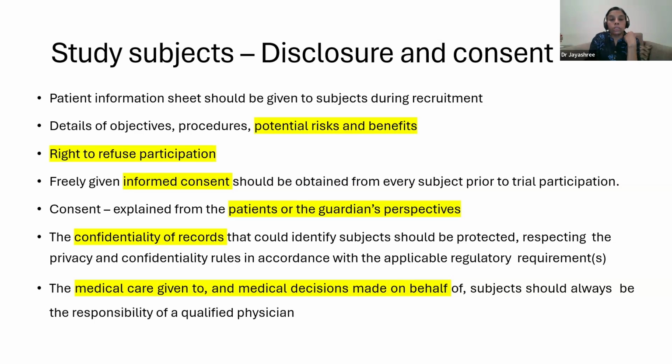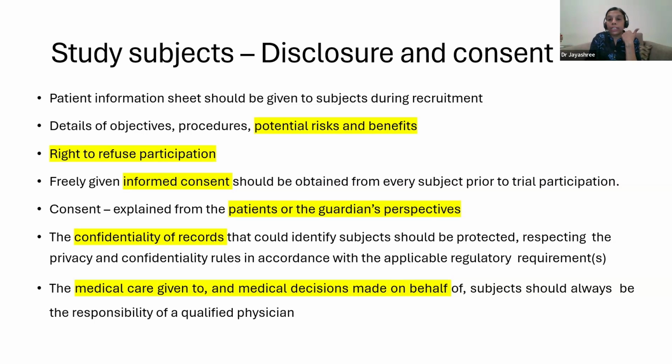That should have details of the objectives of why we are planning to do this study, what the background knowledge is, what kind of knowledge gap this is, and why we have zeroed in on this particular research question. What is the procedure or the intervention that we are going to do, and what are the potential risks and benefits? Both need to be highlighted in the patient information sheet.